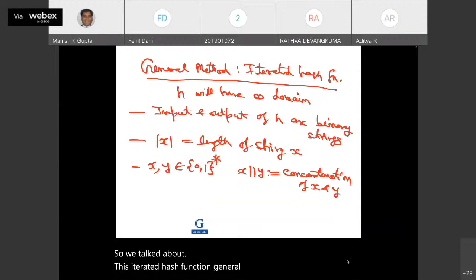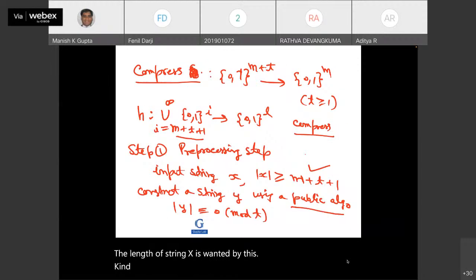So x double bar y is the concatenation of x and y. The length of string x is denoted by mod of x. Then we have these compress functions.